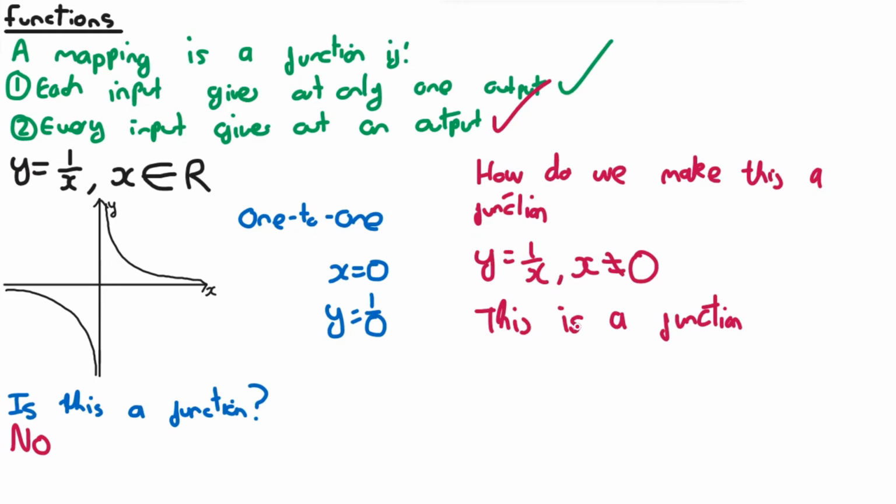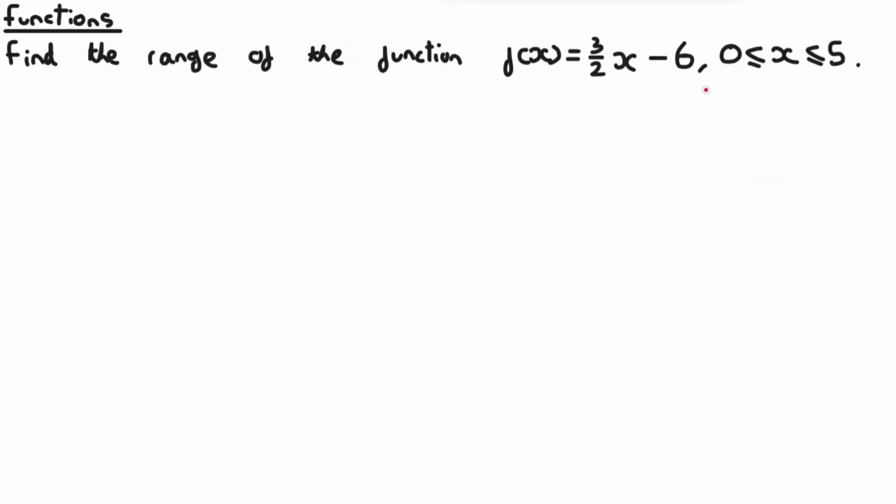So to make something a function, you can alter the domain, so all the x values in the domain will have exactly one y output. So they could ask you for a function to find the range for a given domain. Just a reminder that the domain is the set of possible inputs.